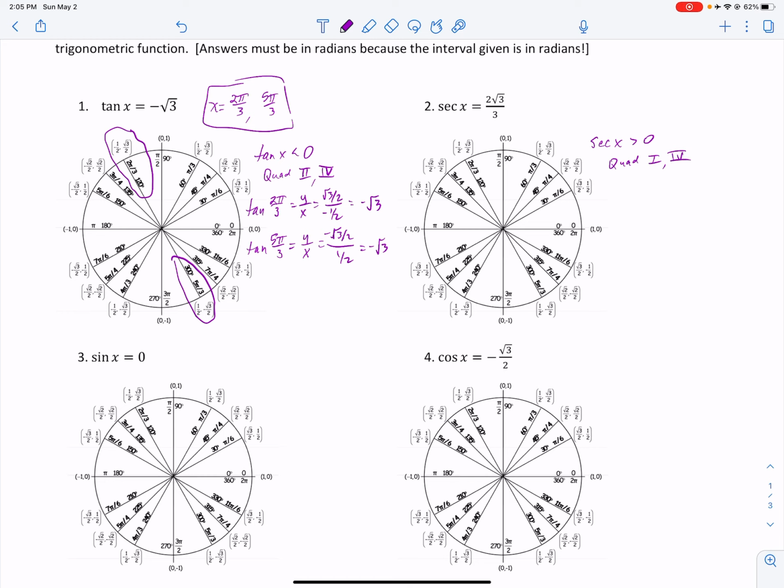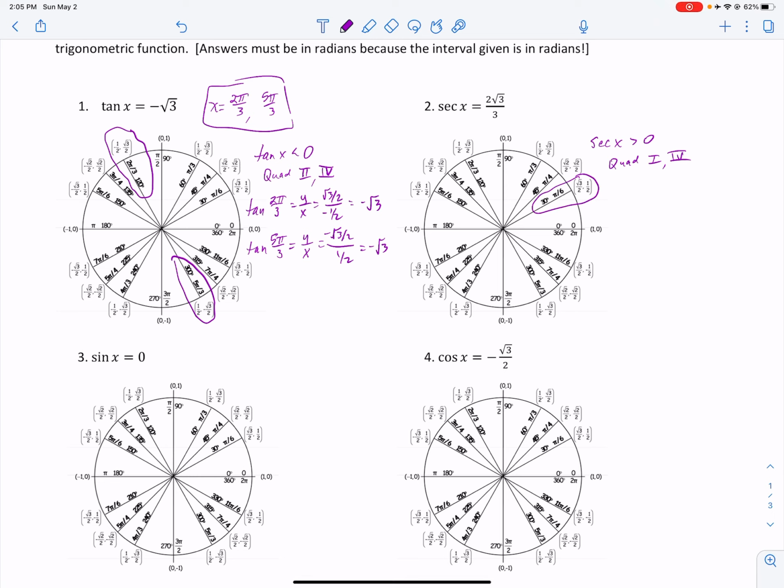Then I need what ordered pair is going to give me 2 root 3 over 3 when I have r over x. So basically it's what x, when I take the reciprocal, will I get 2 root 3 over 3? Well, it's going to be where the x values are root 3 over 2.